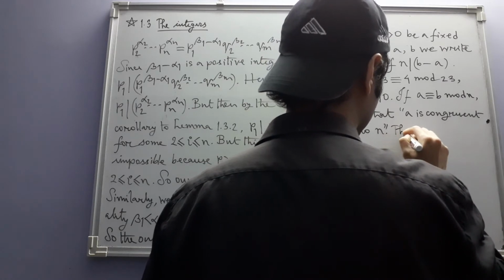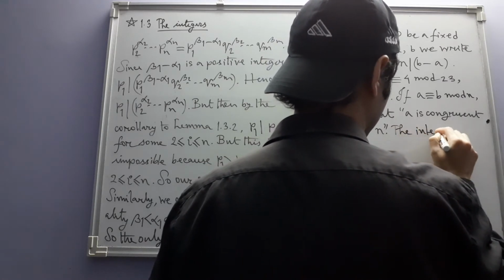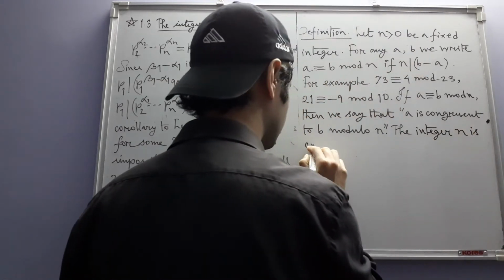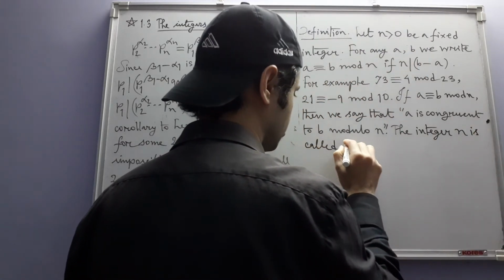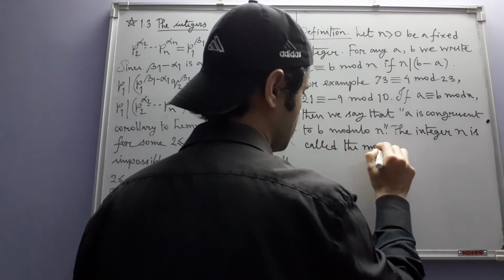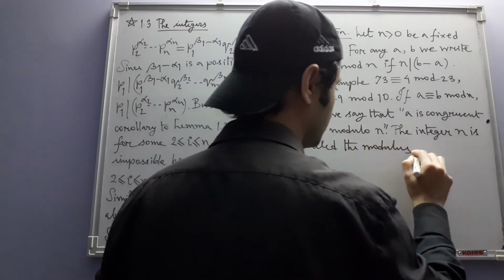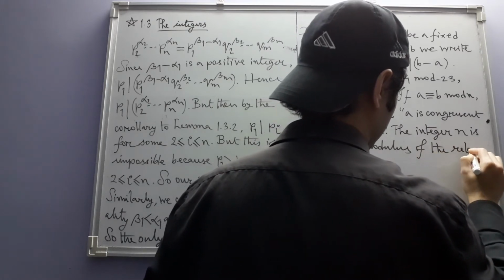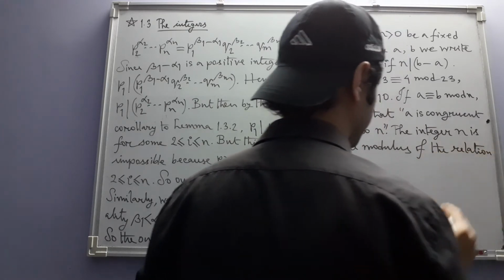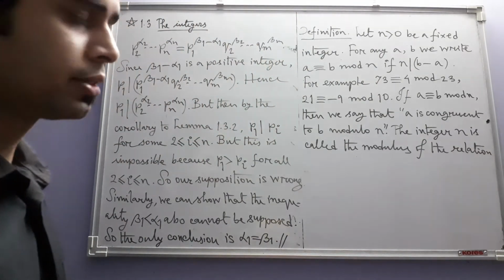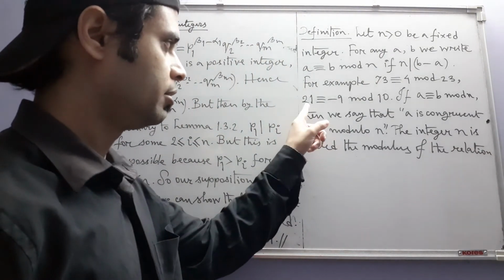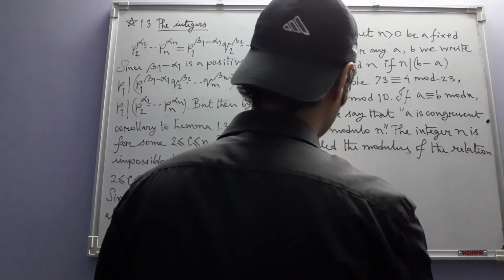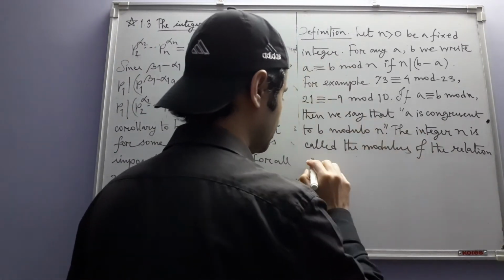The integer n is called the modulus of the relation. It's a binary relation. It relates two integers, and n is said to be the modulus of the relation.